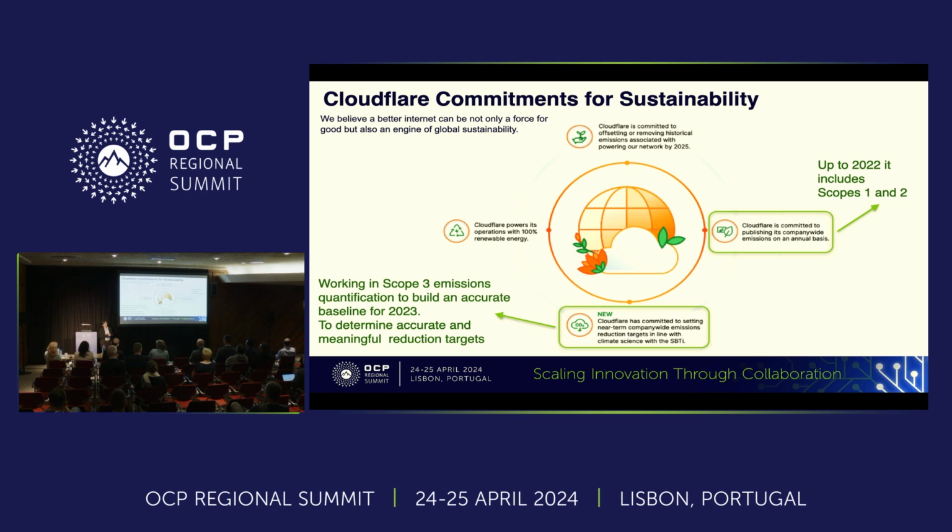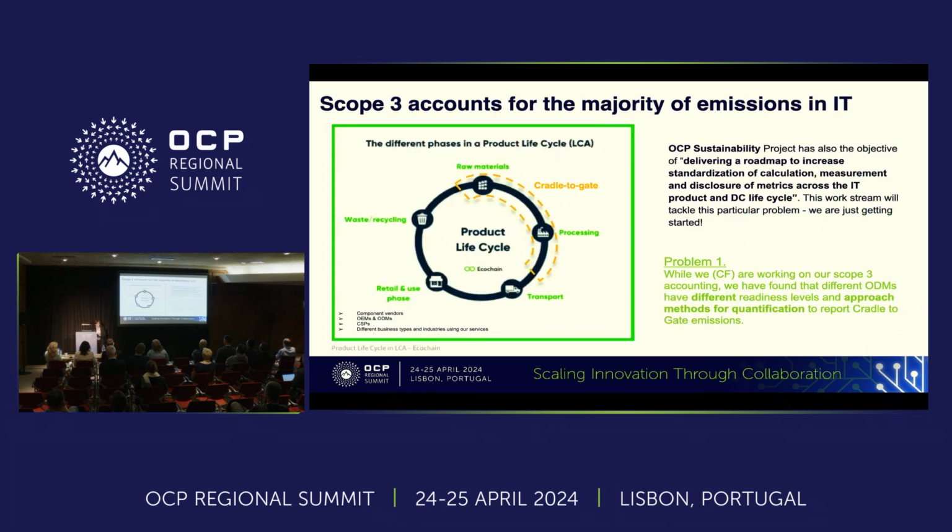That's when we started talking, somewhere around August of 2023, with our ODMs to make sure that we have a good, accurate baseline so we can actually make meaningful commitments, right? Otherwise, going in the right direction of reduction is absolutely always welcome. But we want it to mean a lot, right? So we want to do it right. And that's where we started.